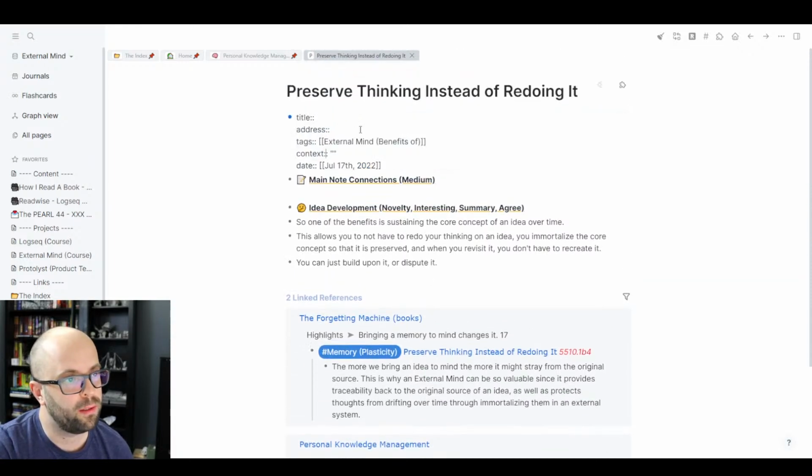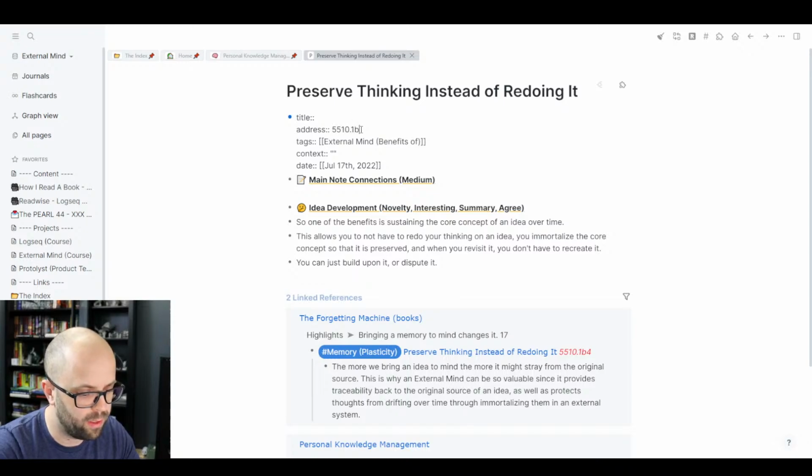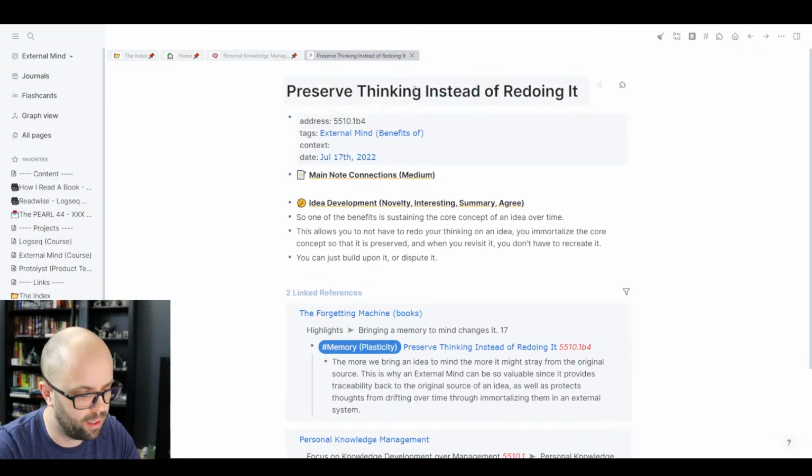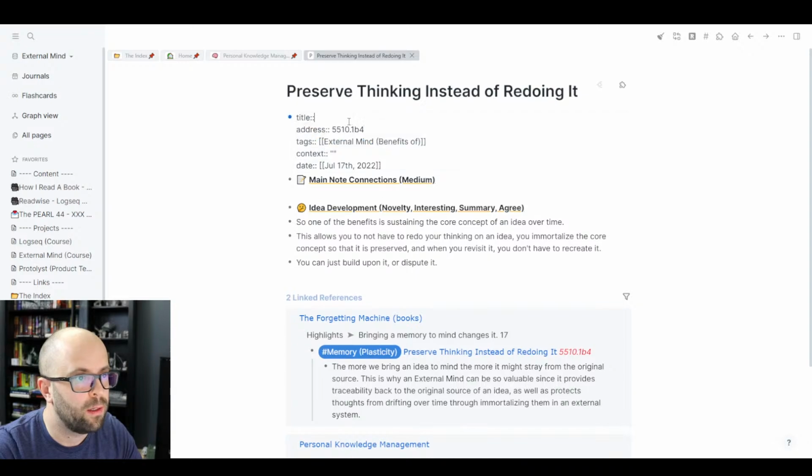Oh, and then the one last thing. I'll tell you why I'm doing this in a second, something I'm testing out. I'll just tidy this up. External mind benefits of: why did I think this note is a benefit, and it's just preserve thinking over time.